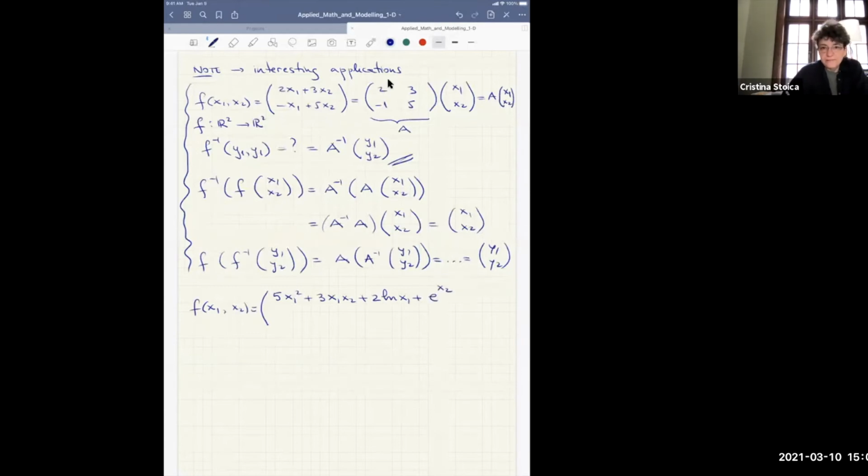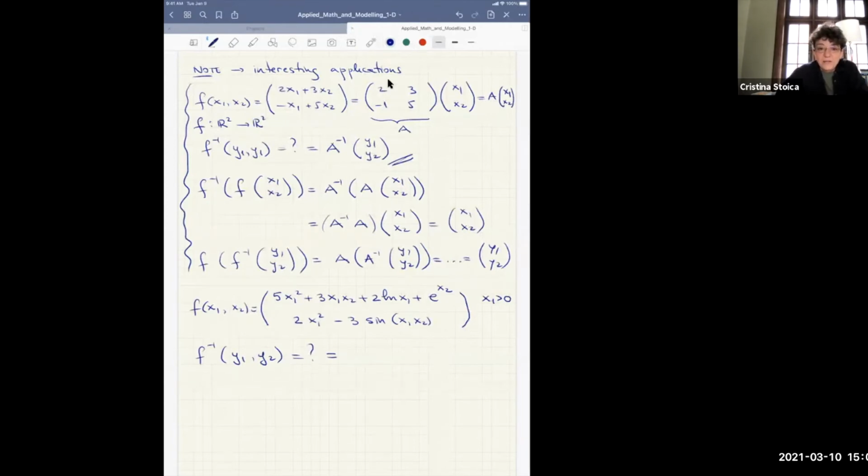I just had to cook something. Obviously here we have a domain: x1 has to be positive because I put the ln there. Why? I don't know, I just put the ln there. Now, who can tell me what would be this inverse? Good luck.